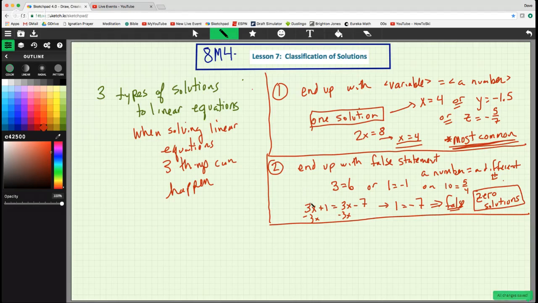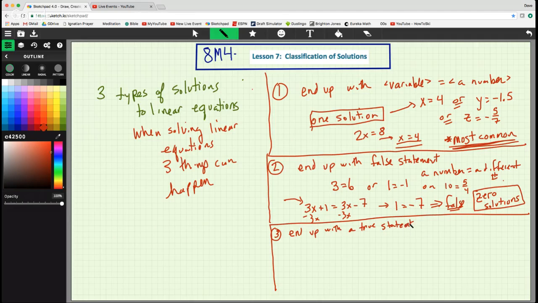There is no number I can put into this equation and get a true answer. I can't put in 0, I can't put in 1, I can't put in infinity, I can't put in negative 3/2. I can't put any number into x and have it ever be the case that 3x plus 1 is equal to 3x minus 7. Okay, the third case is I end up with a true statement, an always true statement.